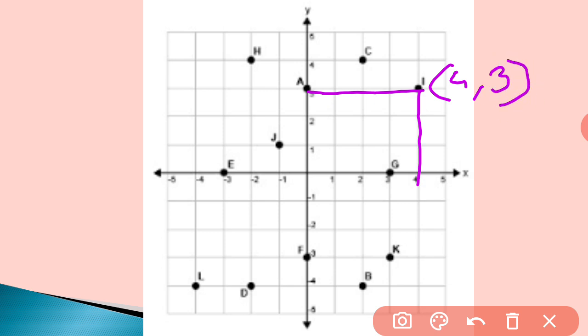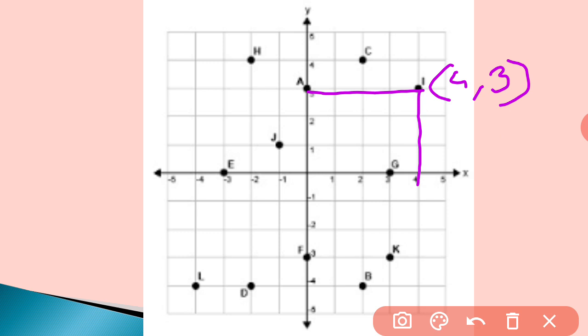We always enclose it in a bracket because it is an ordered pair, that is x to be written first and y to be written later. Now we can say the location of the point I is (4, 3). The most important part here is there is no other point on this plane which will have this location (4, 3).